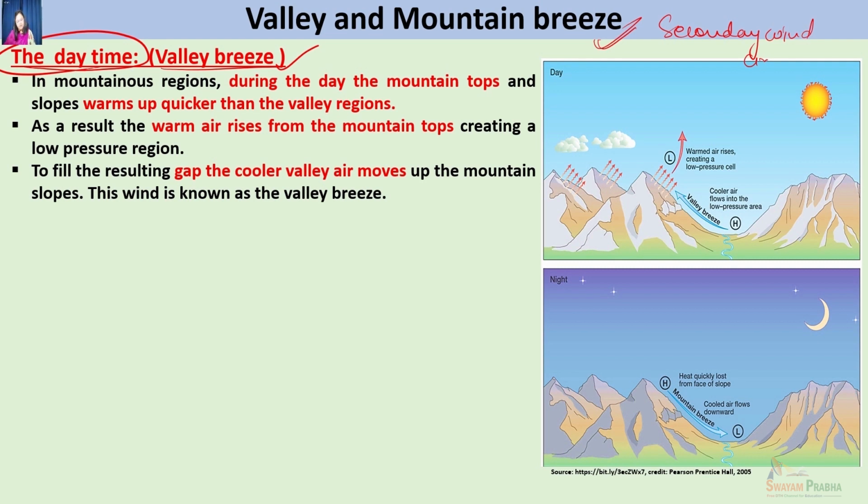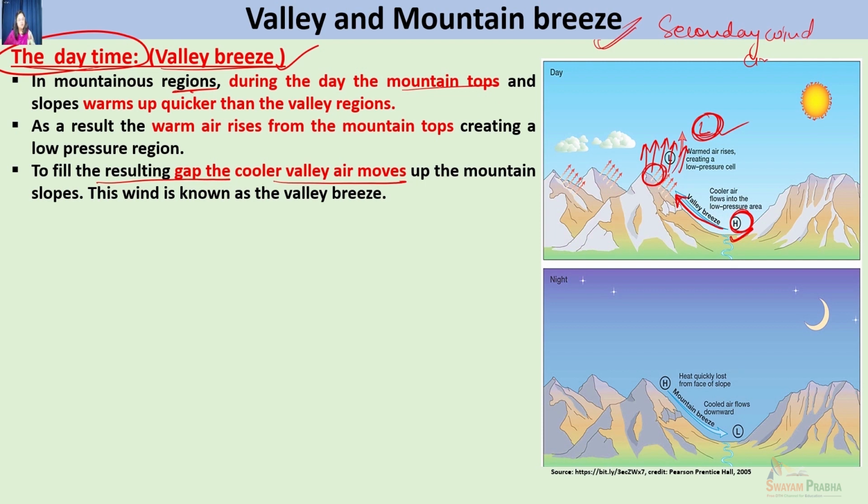During the daytime in the mountainous regions, the mountain tops warm up quicker as compared to the valley regions, because of which the air above the mountain tops becomes lighter and starts ascending, creating a low pressure region. To fill the resulting gap, the cooler air from the valley is attracted towards this low pressure region on the mountain tops. So winds blow from high pressure towards the low pressure area.